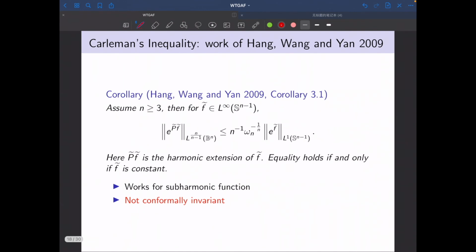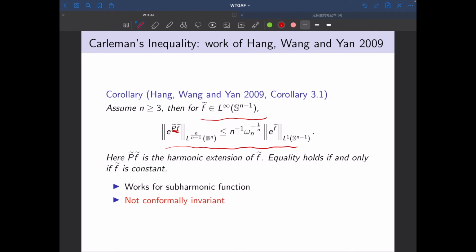There has been several generalizations of Carleman's inequality to higher dimensions. Han, Wang, and Yan proved one version of the generalization in the year 2009. They claim that for any function that is L infinity on the boundary, if you consider the harmonic extension of the function to the interior of the unit ball, then you can have the exponential inequality.